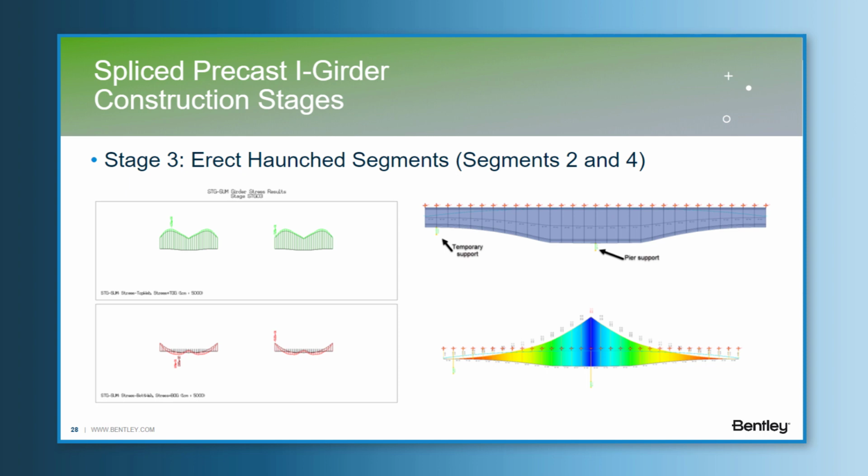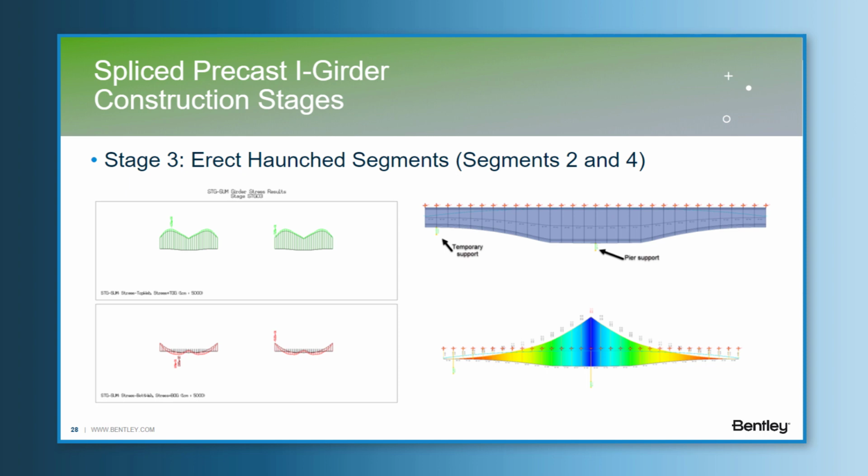The left diagrams that we are seeing correspond to the stress results obtained for the summation permanent load case at the top fiber and at the bottom fiber of the girder. The right diagram is the bending moment for the secondary forces of the summation permanent load case.